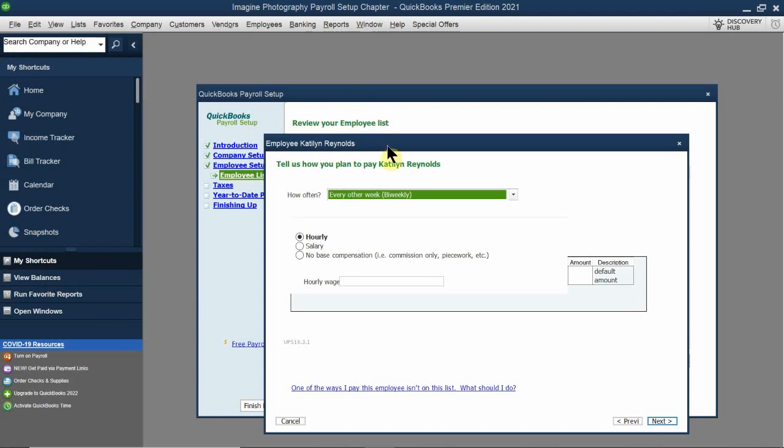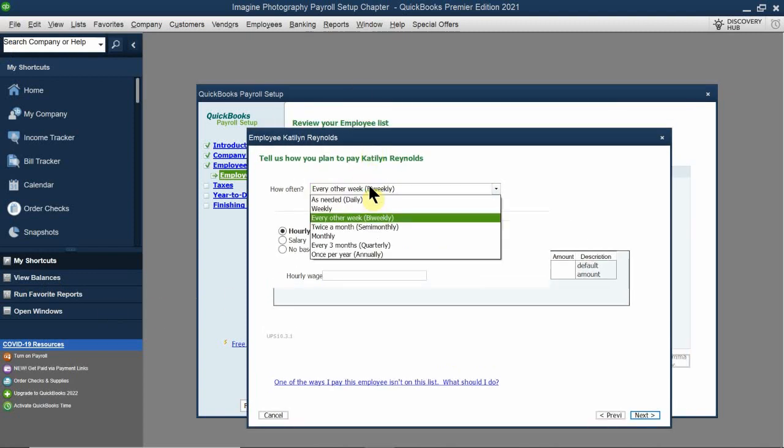Now it's how do we pay Miss Katie Reynolds? Are we going to pay her every week, every day, every 2 weeks, twice a month, every month? You choose. This is your payroll period. It is very important to designate one, because this is where you figure out how much money you need to save up every so many days to afford to pay your employees.